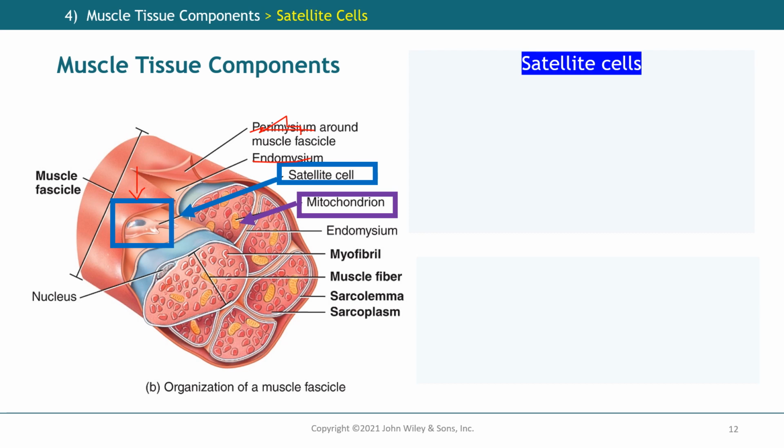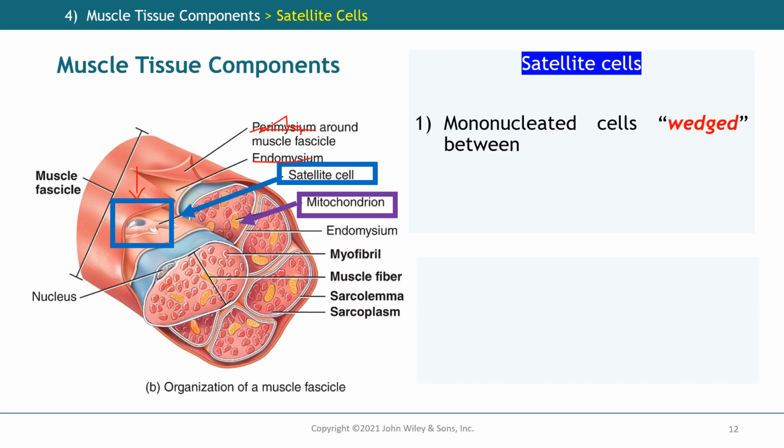Of course that you remember. They are the stem cells of the muscle, so they are ready if the muscle needs to grow more, or if it should be repaired in some way. So they are ready to go from immature cells and differentiate into mature muscle cells.